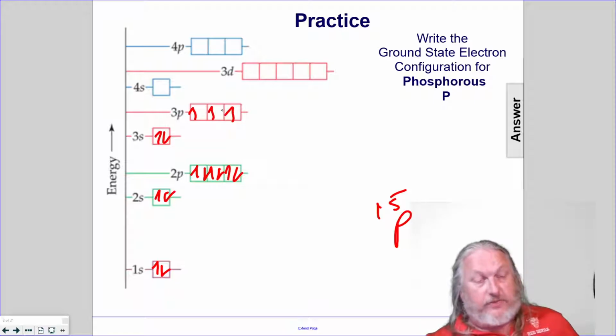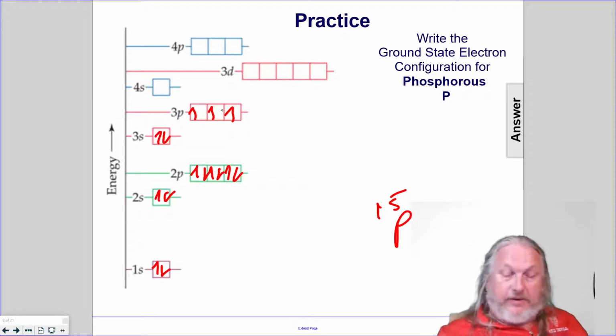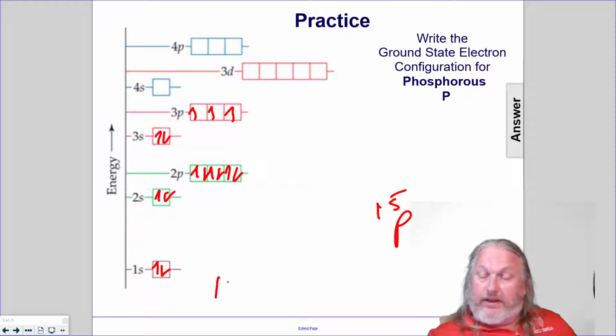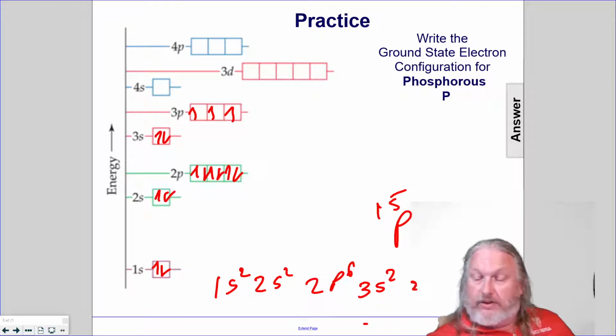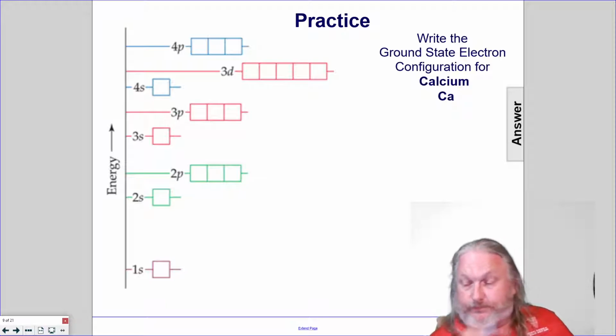So all I've got to do is write the energy level with the subshell type and the number of electrons. So I've got 1s2, 2s2, 2p6, 3s2, and 3p3. There, we are done with that.